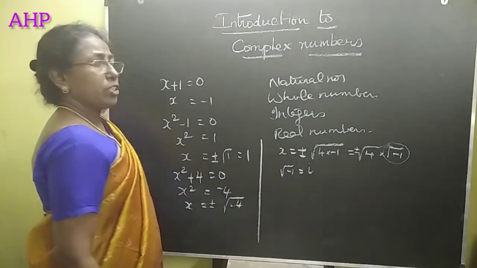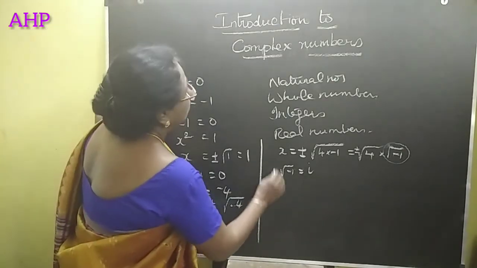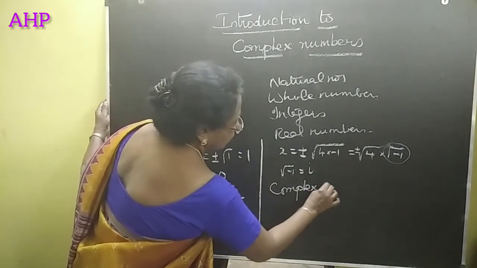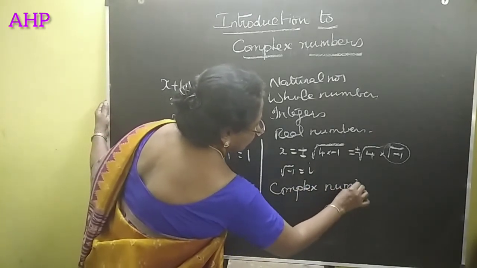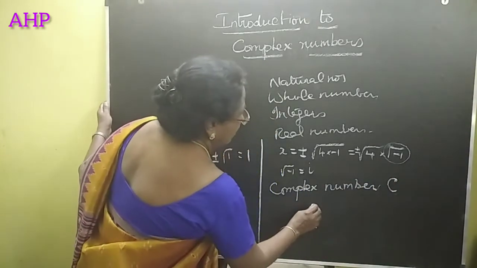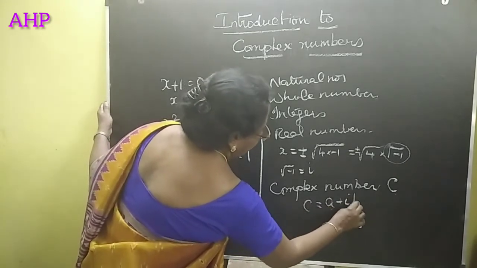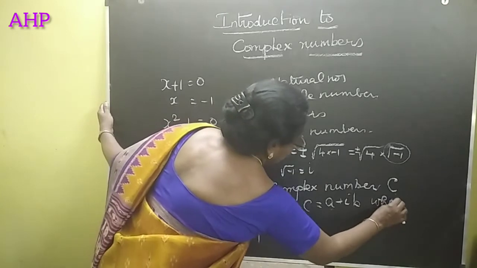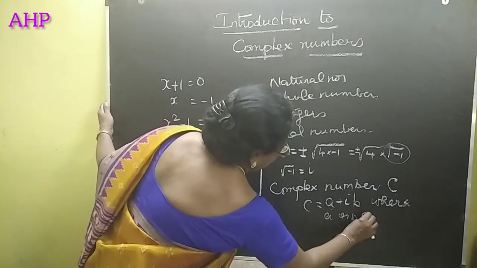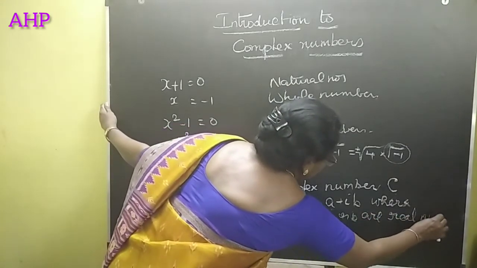The German mathematician C.F. Gauss found a number called the complex number, and it is denoted by C, where C is equal to a plus ib, where a and b are real numbers.